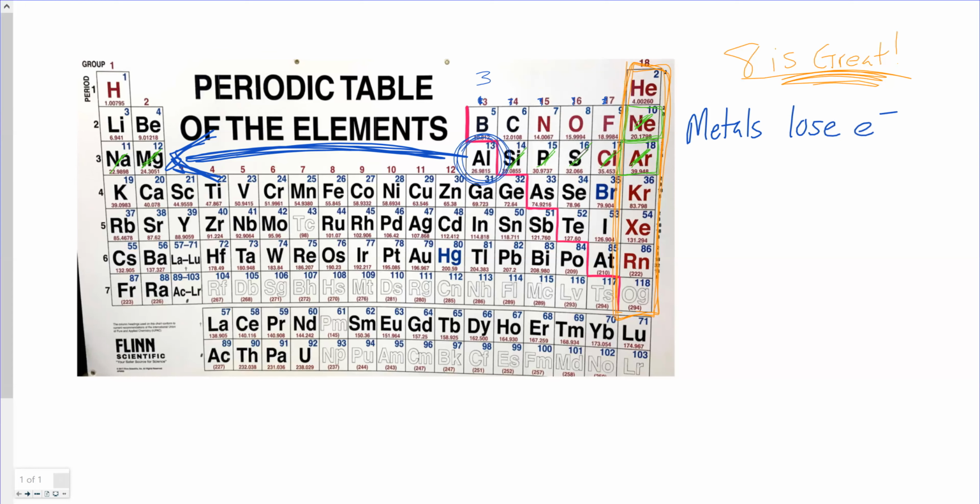And if they lose electrons, this is kind of the thing that's kind of weird, that means they have a positive charge because now they have more protons than they do electrons. And if they have a positive charge, what's the name for a positive ion?